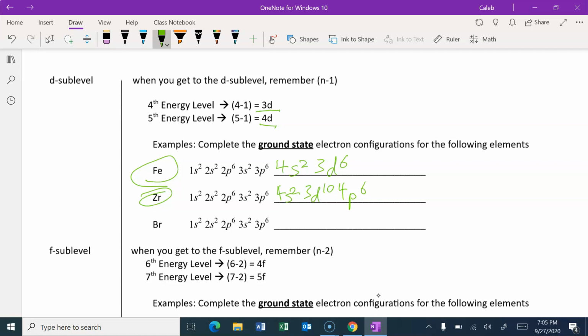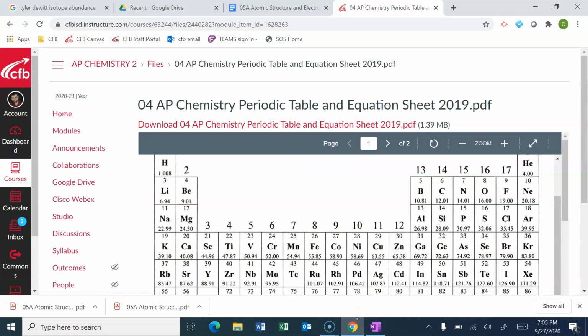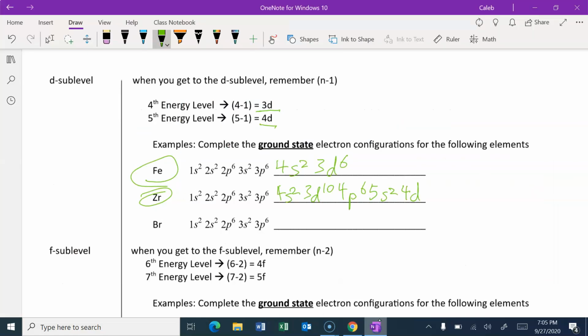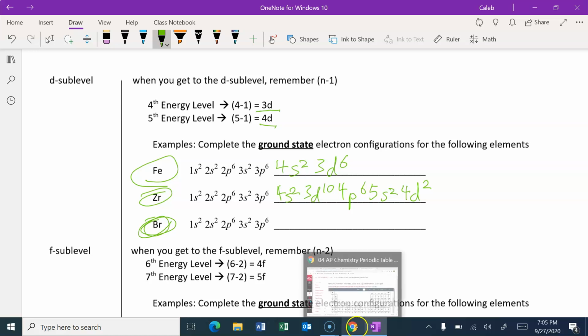Go to the other side, and we would go 5s2, and then 4d, I'm going to have to look back because I've forgotten. Yeah, 4d2. That's zirconium.